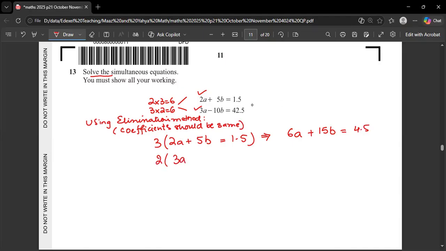What about the next thing? I have to multiply the next equation with 2, right? So 2 times 3 is 6, 2 times 10 is 20, and 2 times 42.5 is how much?